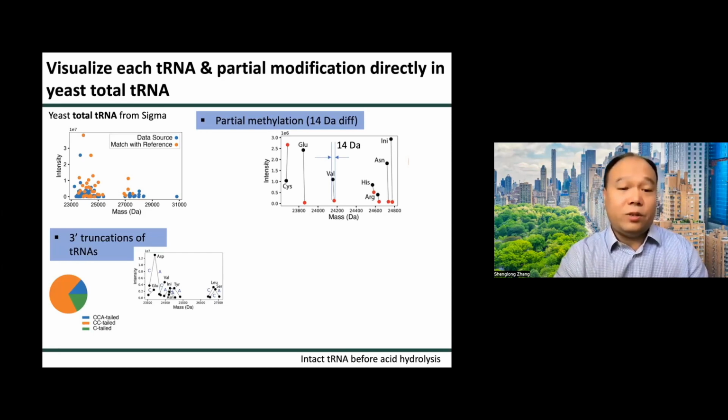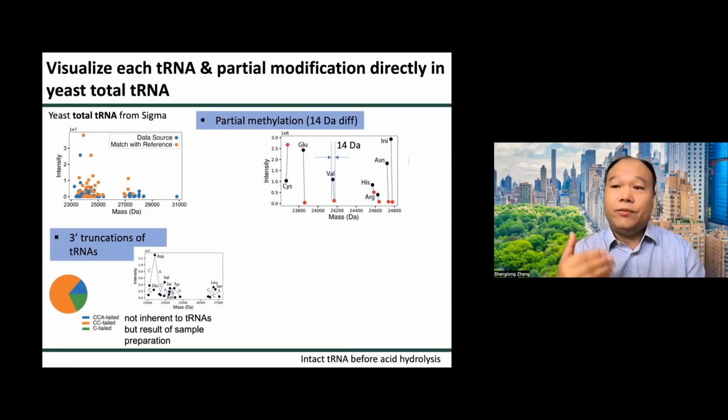This observation does not really reflect what is inherent to the tRNA in the cell, but more likely the result of some preparation, because we also detect the full-length CCA when we sequence mouse tRNA extracted from mouse liver, as I showed you before. But nevertheless, we have this capacity to observe those terminal differences in tRNA.